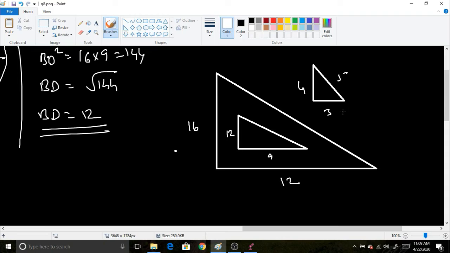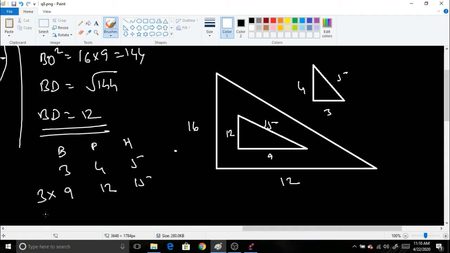This is a 3, 4, 5 triangle: perpendicular, base, and hypotenuse. If we multiply it by 3, it will be 9, this one will be 12, and the hypotenuse will be 15. It means that the hypotenuse of the triangle having base 9 and perpendicular 12 will be 15 units. And if we multiply it by 4, then the result will be 12, this one will be 16, and this one will be 5 times 4, which is 20.